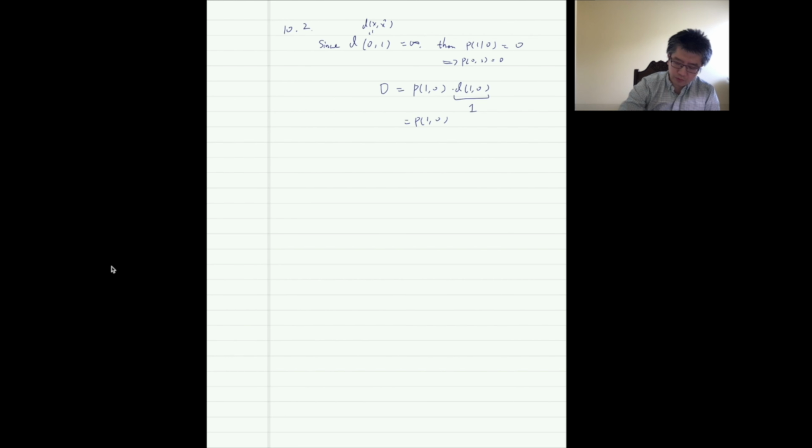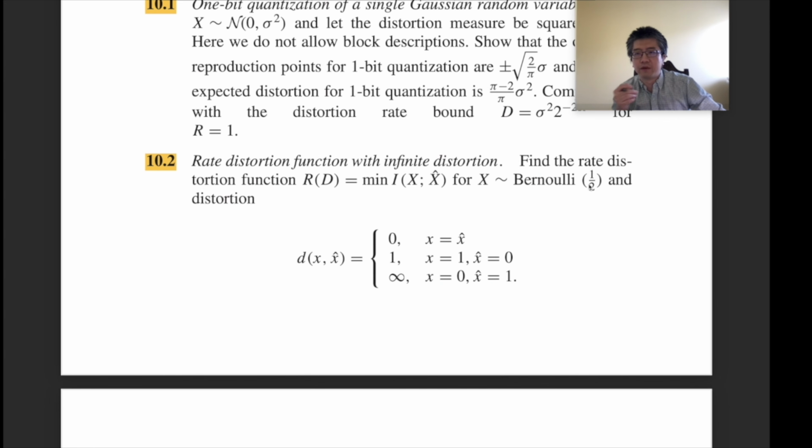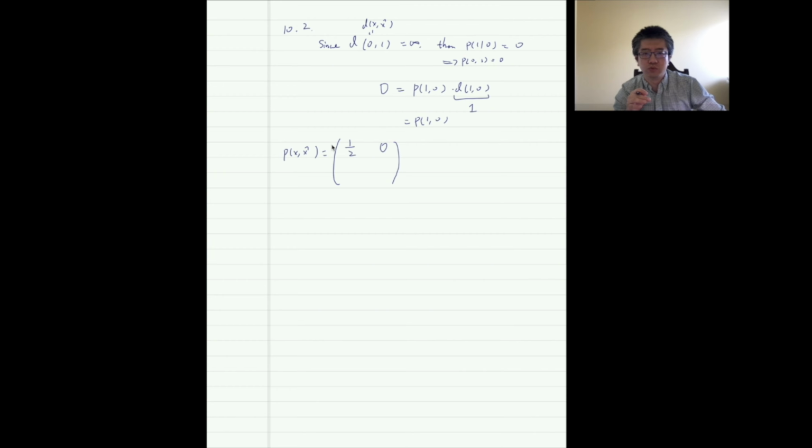Because of this special property, we can write this probability distribution easily. On the first line, we know this guy is 0 because p01 is 0. Therefore, here has to be half, because our x follows a Bernoulli half distribution, and the sum of each row has to be equal to half.